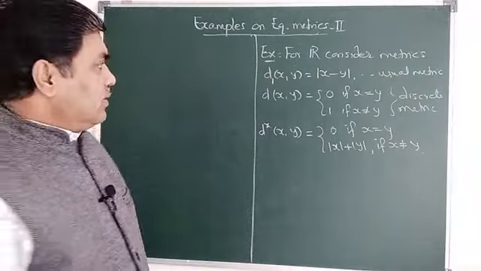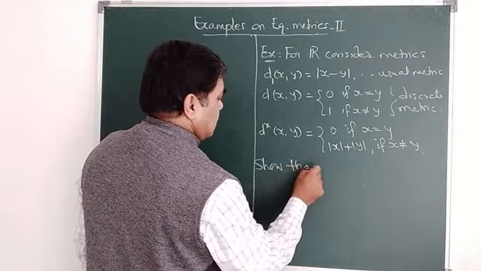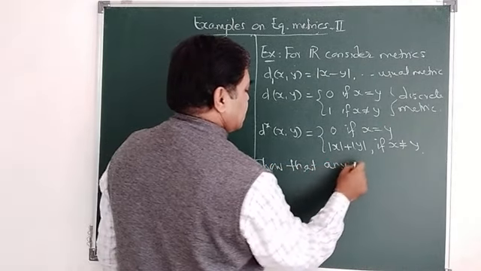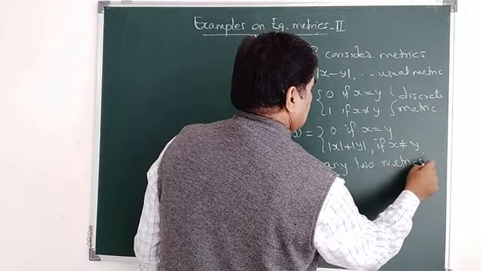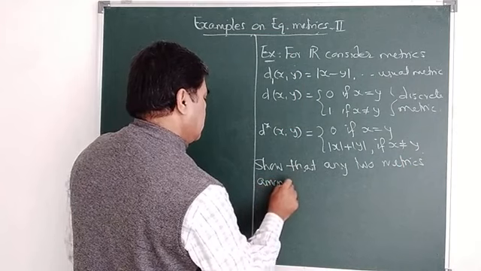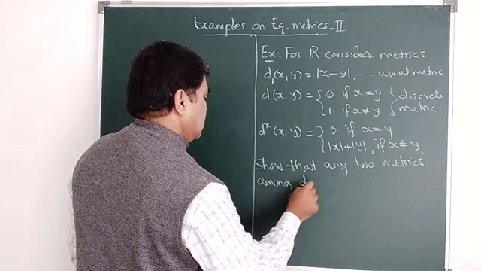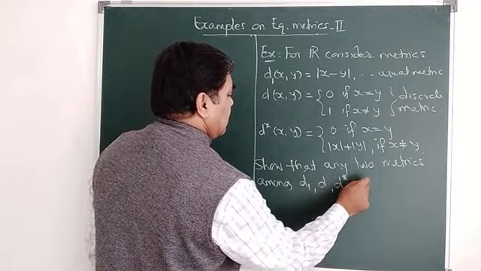So that any two matrices among d1, d, d star are not equivalent.